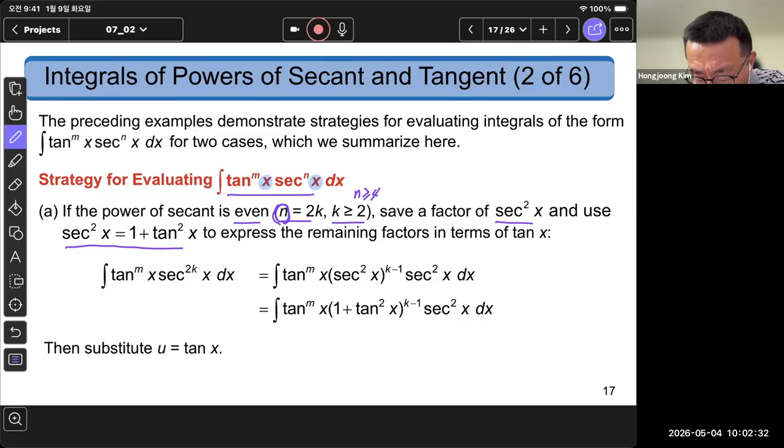Given this secant x to the 2kth power, you rewrite this as secant x to the 2k minus 2 times secant x squared.